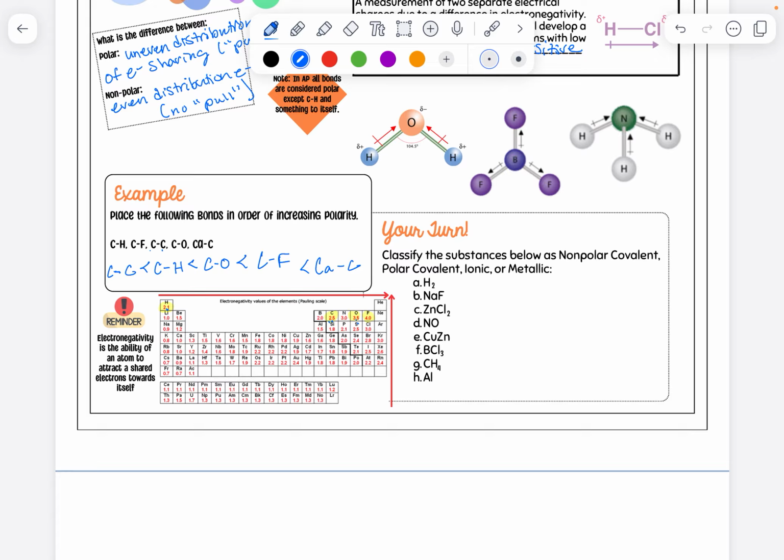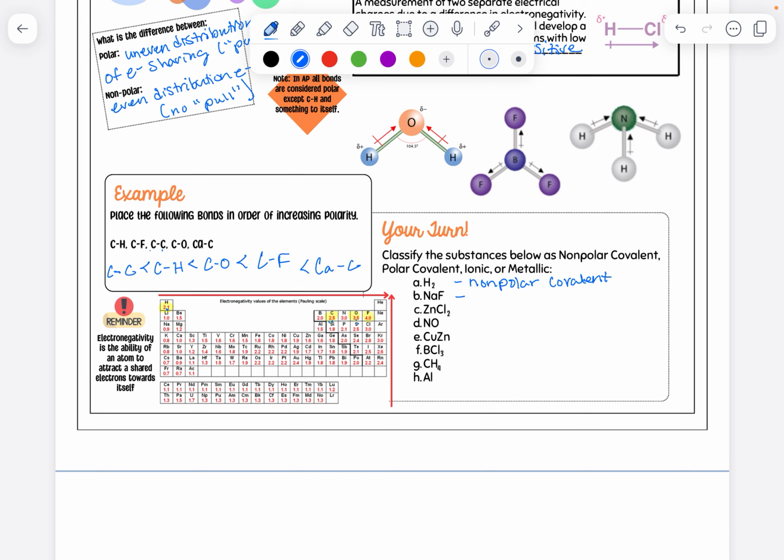So now it's your turn. Pause the video and classify the substance below as nonpolar covalent, polar covalent, ionic, or metallic. Okay, so hydrogen and hydrogen, those are two nonmetals, and they're the exact same atom, so they're going to have no pole. That's a nonpolar covalent.